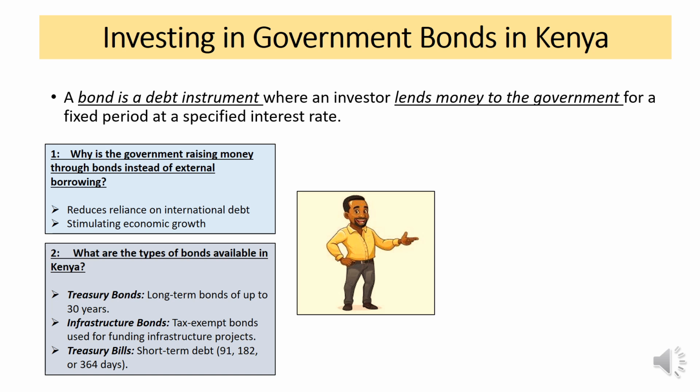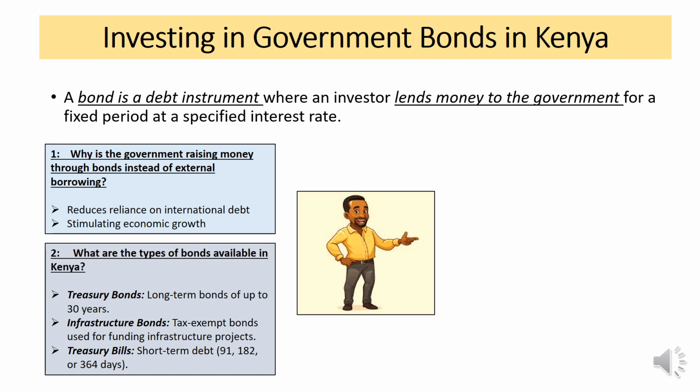And one key distinction between an infrastructure bond and the others is that an infrastructure bond is tax exempt, meaning if you purchase an infrastructure bond, all the interests, all the coupons that you are going to earn will not be taxed. Okay. Now, there's a third type called treasury bills.